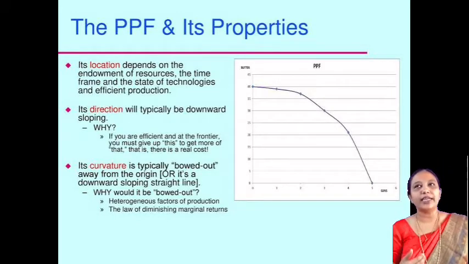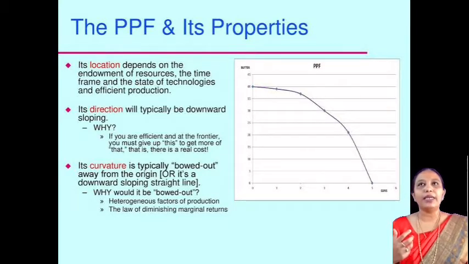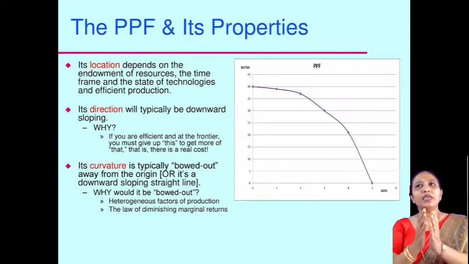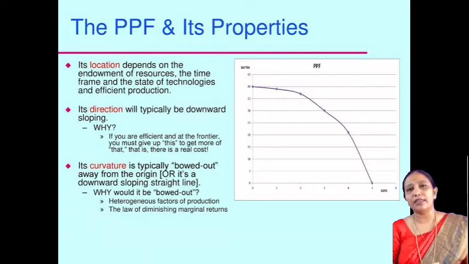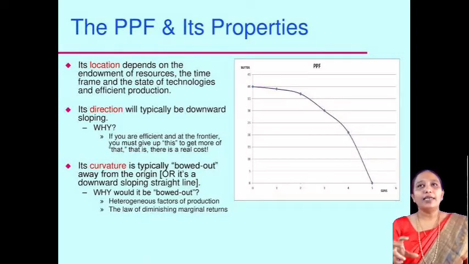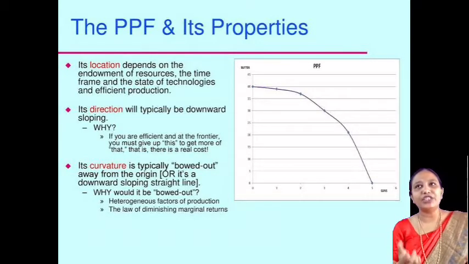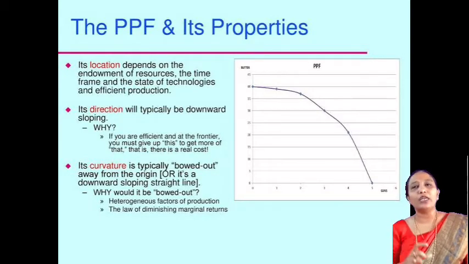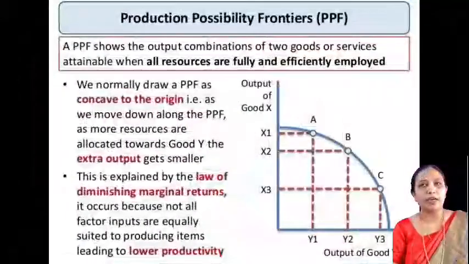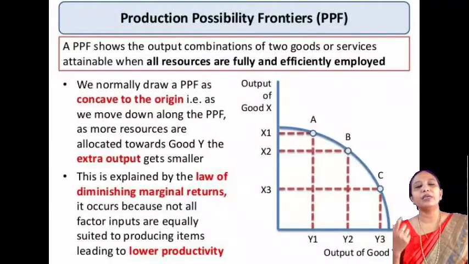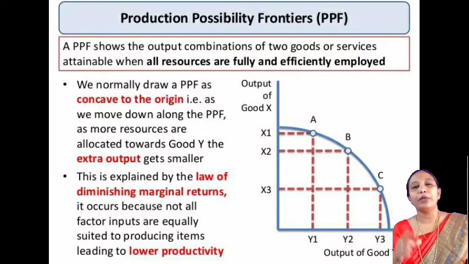In such a case, more of one good can be produced by taking the resources away from the production of the other good. As there exists an inverse relationship between the change in the quantity of one commodity and the other commodity, we can say this PPF is always sloping downward.